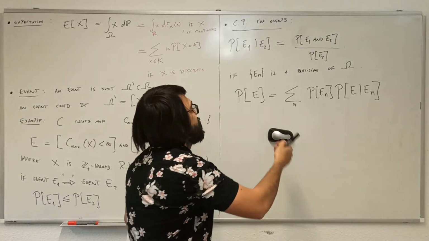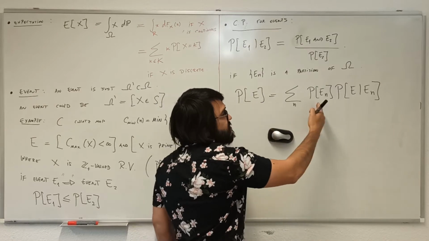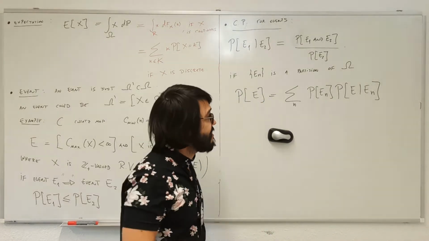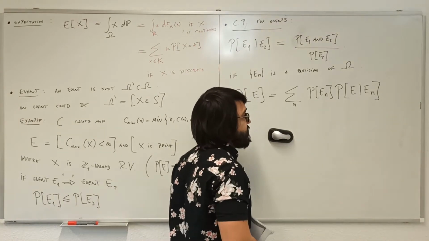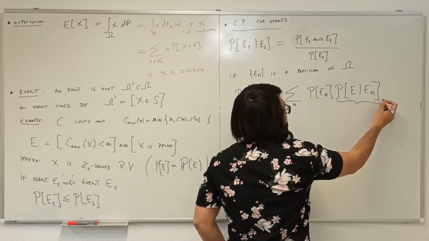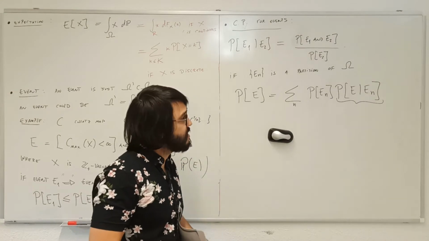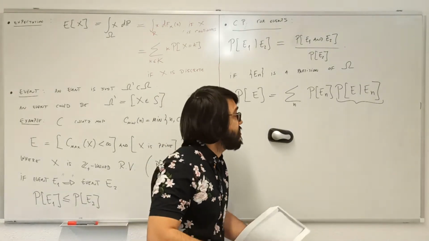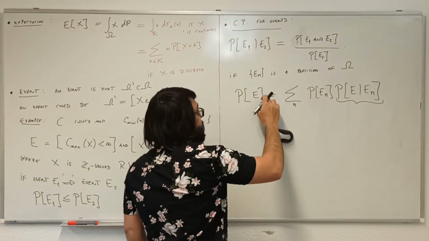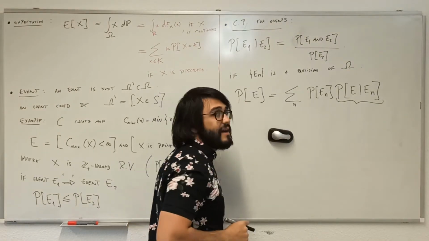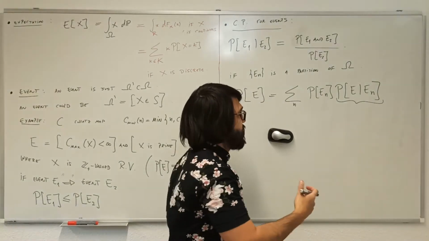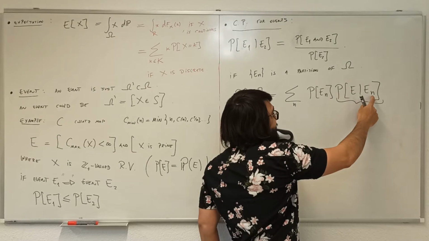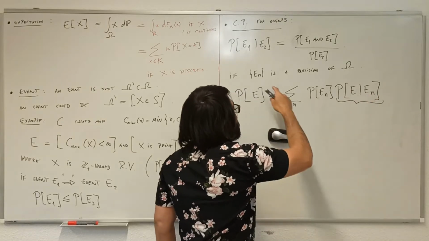So basically, you're saying the probability of E is just a convex combination of the conditional probabilities. And the nice thing is that, and we will do that often, if you can give a bound for these quantities which is uniform, depending on some parameter, then you can recover a bound for the event E. What I'm saying is if you can make a bound for this which is independent of n, then you can make a bound for this.